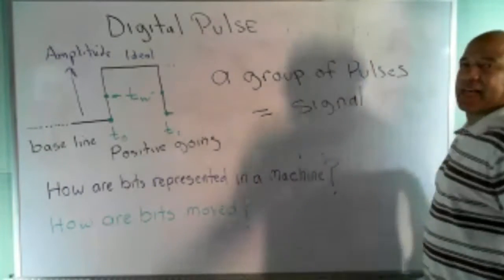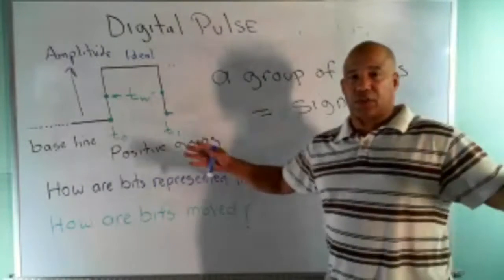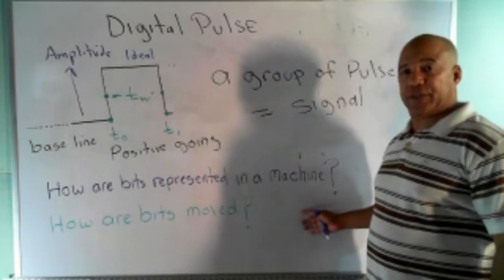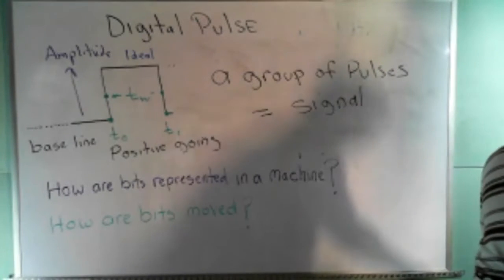I'm writing this out, but if you're taking notes, a digital signal. Once I take these pulses and put them together, I have a digital signal, and that's how we move bits. So let me show you what I mean by that, a digital signal.